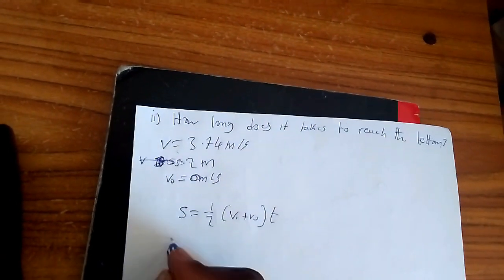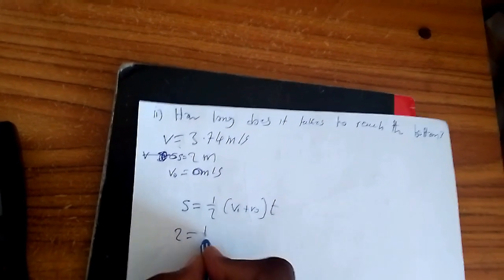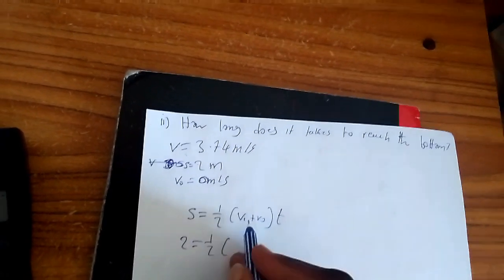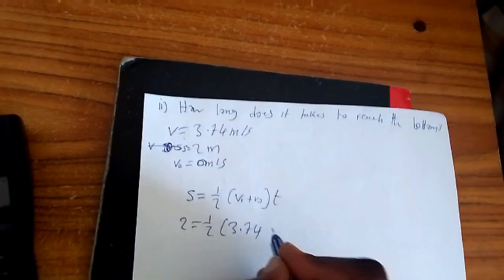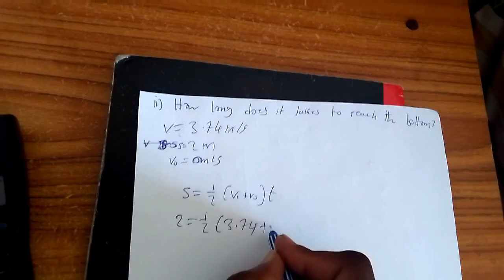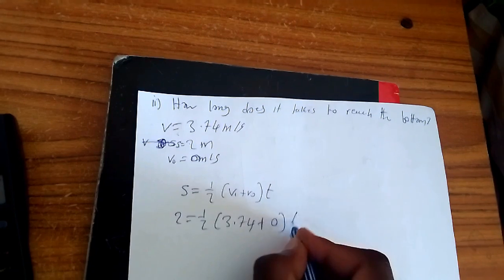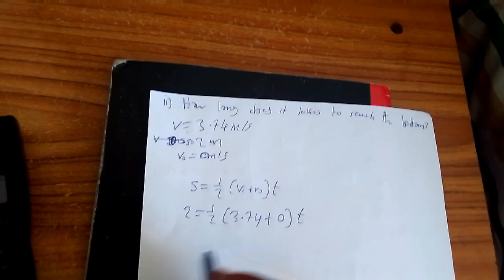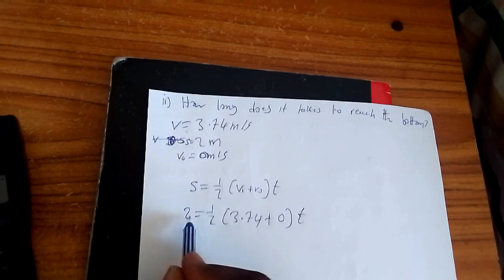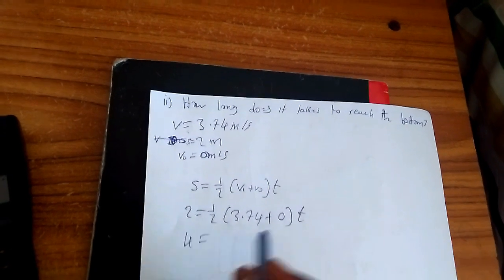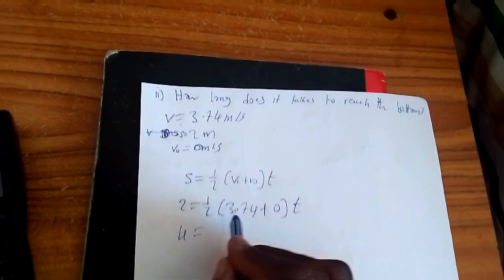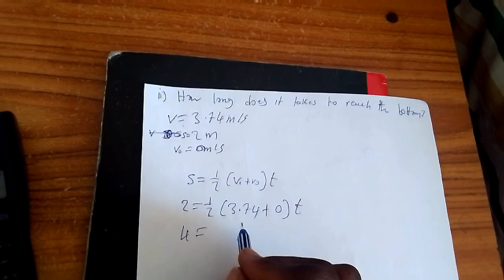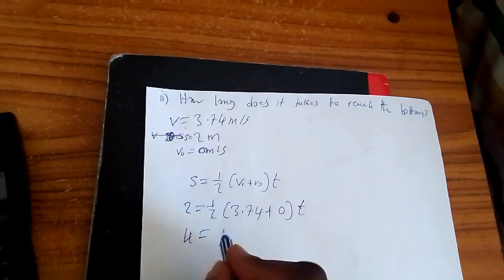Our displacement is 2, half, our final velocity is 3.74 plus the initial 0, times t, which is what we have to find. We can just multiply 2 times 2, this is 4, is equal to 3.74 times t.